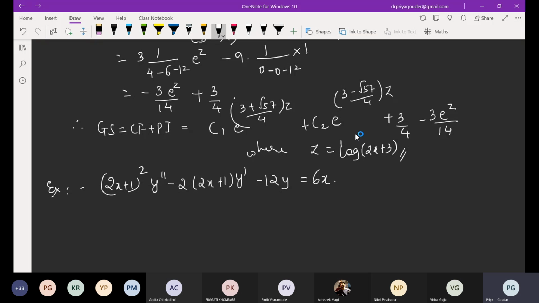They usually don't confuse, but you can also take 2 common and make it as which equation is this? Which linear equation? Isn't it Legendre?